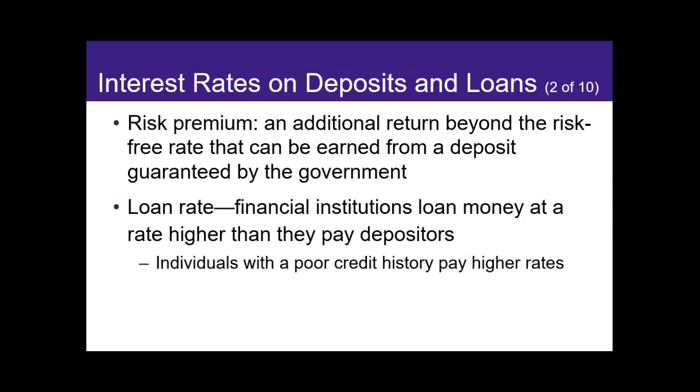The difference between the rate being offered by these institutions over the government rate is known as the risk premium. Now, there's a risk because when you buy securities from companies, there's a chance that you may not receive the amount that you actually invested. And we'll talk more about that.